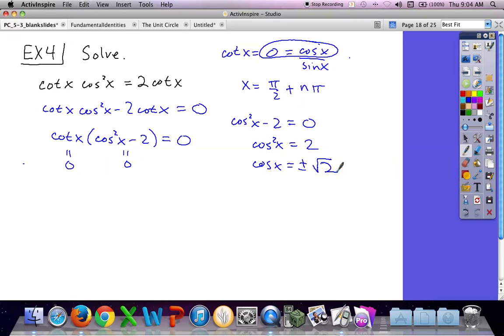But let me check. That was example 4. Okay, that's right. So cosine equals plus or minus the square root of 2. So the question would be, where does cosine x equal plus or minus the square root of 2?